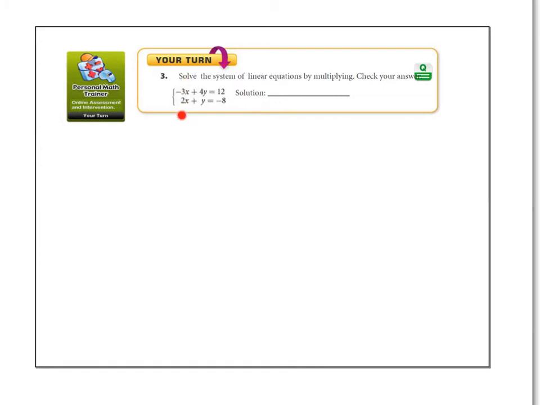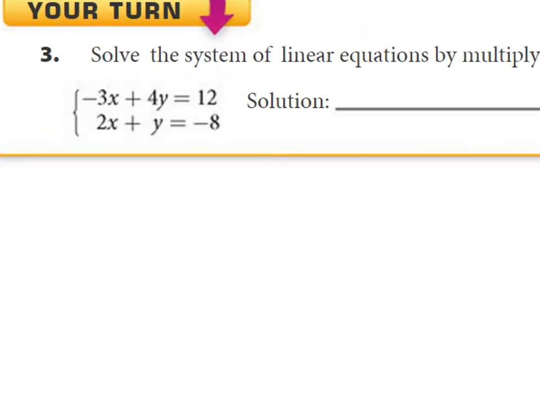They're opposites, but the numbers can't turn into each other. I look at my y's. They're not opposites, but I could turn this y into a 4y by multiplying by 4. But that wouldn't cancel them out because they'd both be positive. So in order to do that, this time I have to multiply not just by a 4, but by a negative 4.